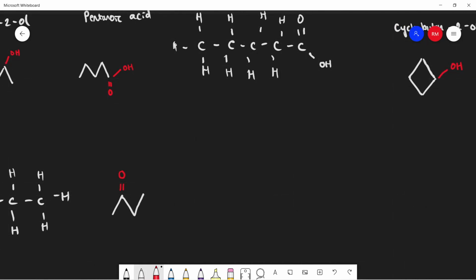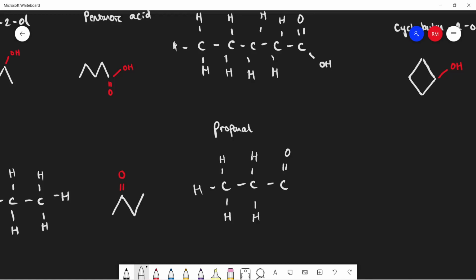and the last one I'm going to try and get you guys to draw is propanol. I'll draw the displayed formula for you guys here.